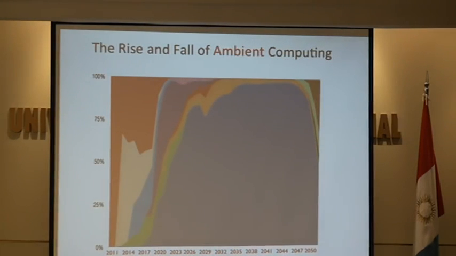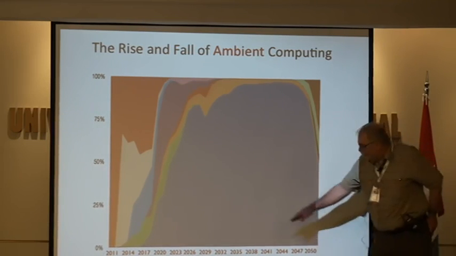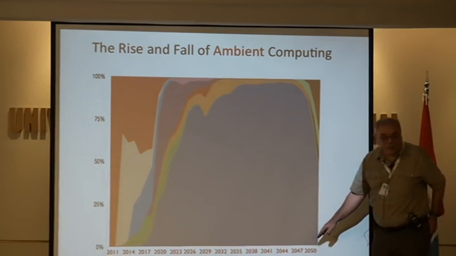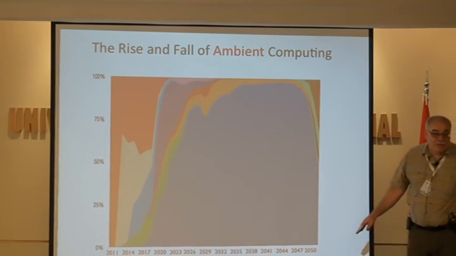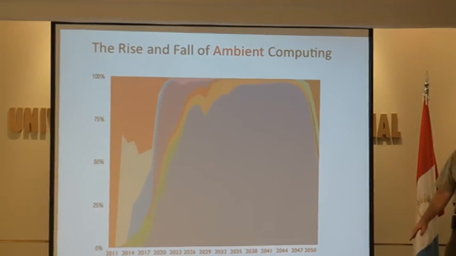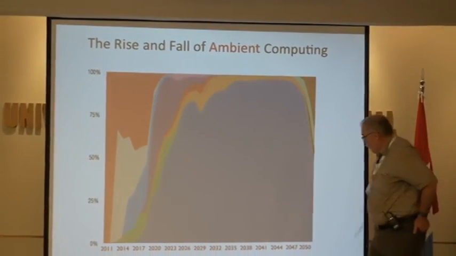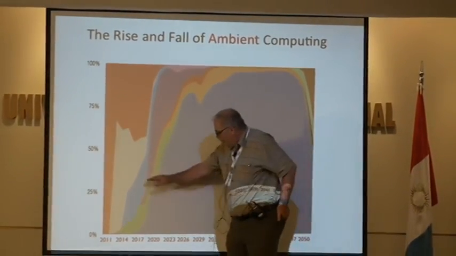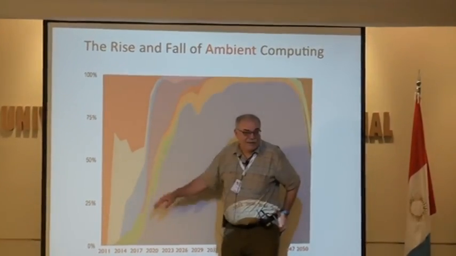So let's go back again to this PC graph. I filed off the names of the companies, and I changed the years from 2011 to 2050, and I say, if things are going to work like they worked last time around, then we're over here somewhere.